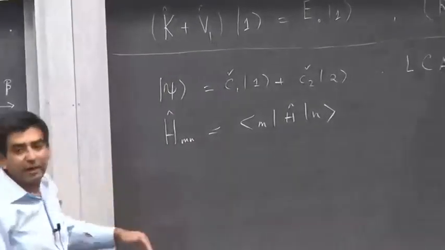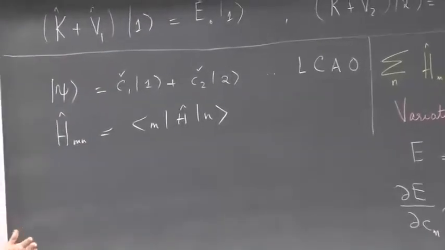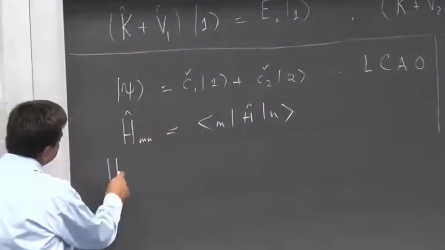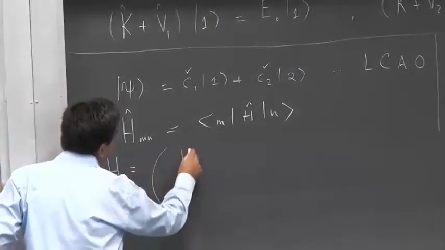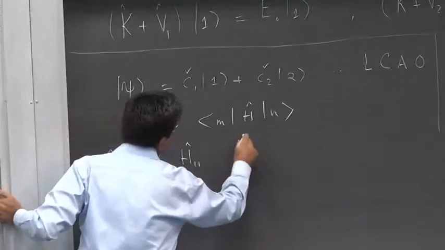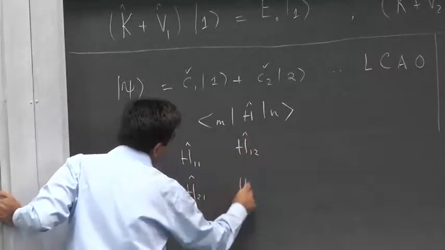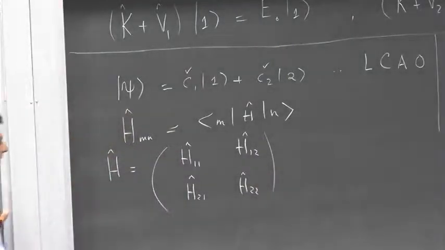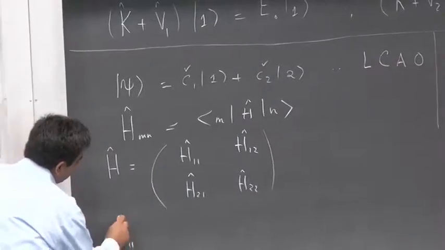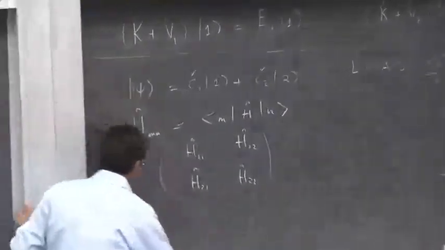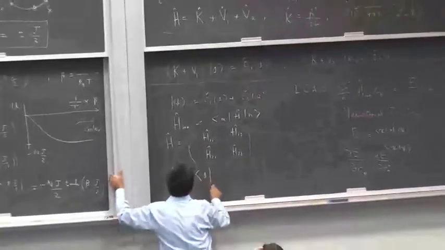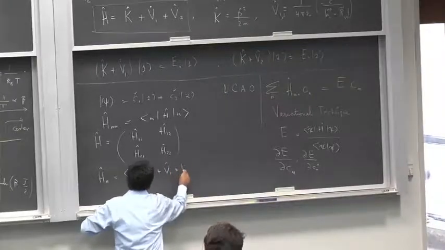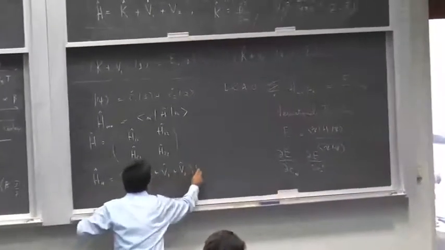Now suppose I would like to find out the Hamiltonian expressed in the basis of the atomic orbitals, which means I would like to find H as H11, H12, H21, H22. Now H11 for this system is bra1, the Hamiltonian K plus V1 plus V2, ket1.